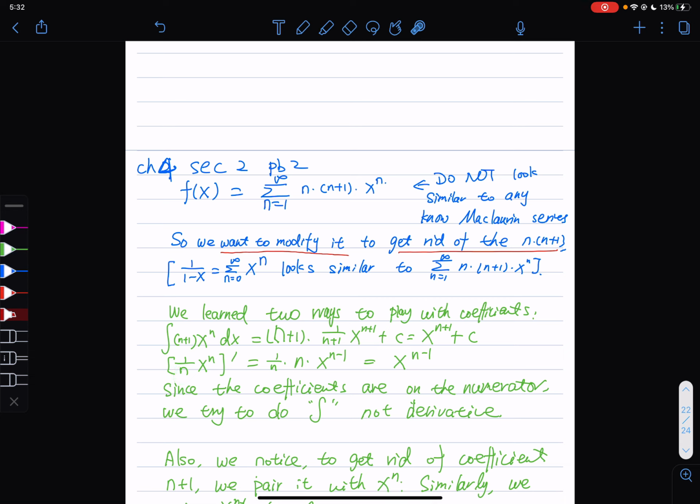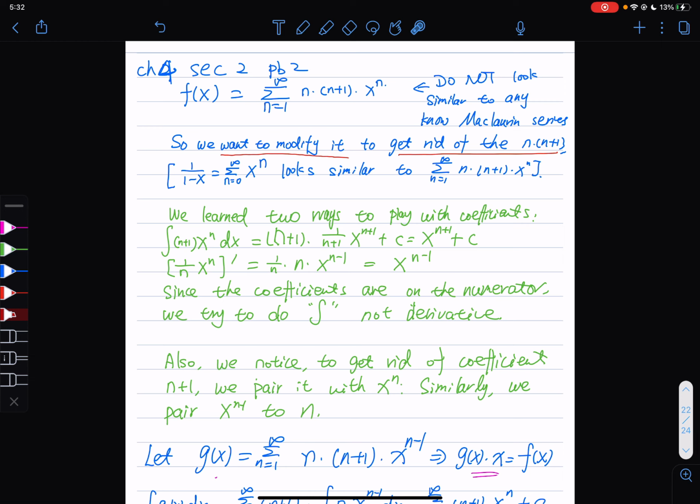Once you get your new function, try to write it back into the function instead of keeping it as a power series. Then you reconstruct your original function. If you had taken the antiderivative earlier, you take the derivative to go back. If you took the derivative earlier, you take the antiderivative to go back. So this is a very nice and handy technique that you want to master. Well, this one is slightly further. You need to do the technique twice, but this is a very good practice.